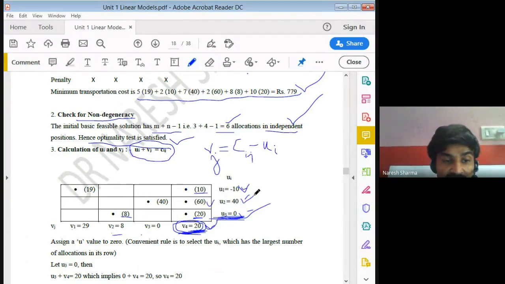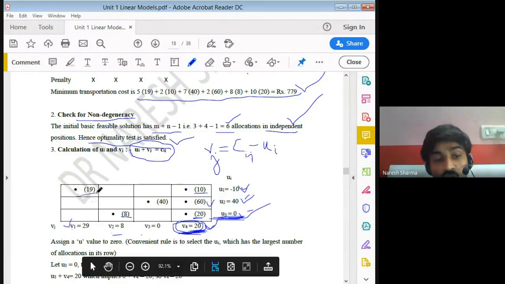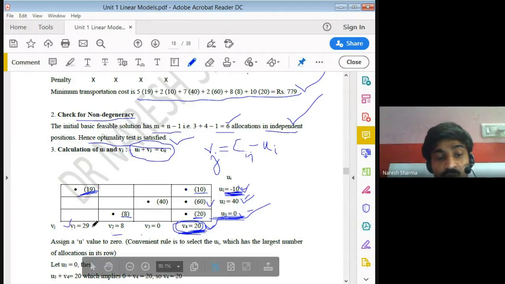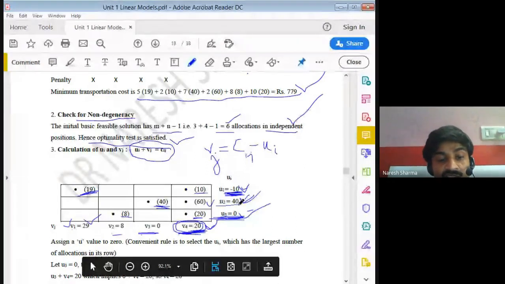Now for this V1, I use this cost and minus 10 because I have this value now. So minus and minus 10 is plus 10, that gives you 29. Now for this V3, I use 40 minus 40, which is 0. Hope it's okay now.